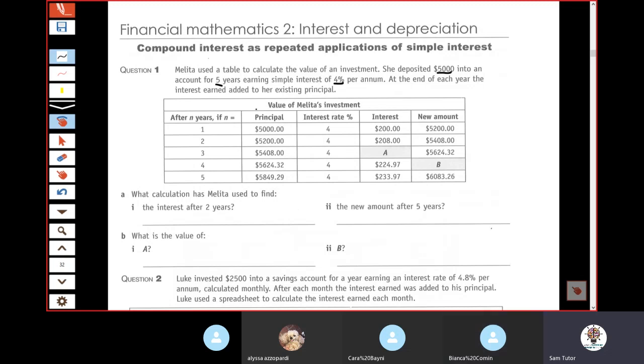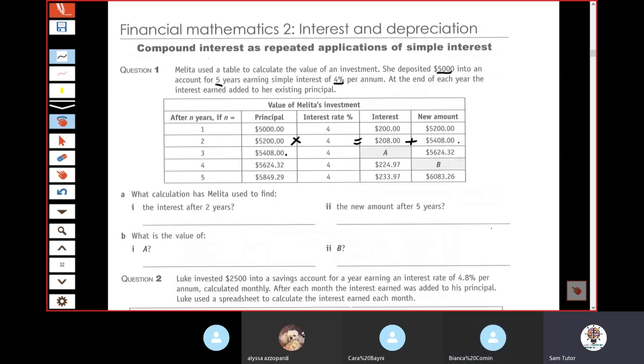Now, January in the second year, she'll start off with an amount of 5,200 times it by 4% gives you this much. Then altogether she would have 5,408. So this times this equals this, plus them together becomes this. This comes here.